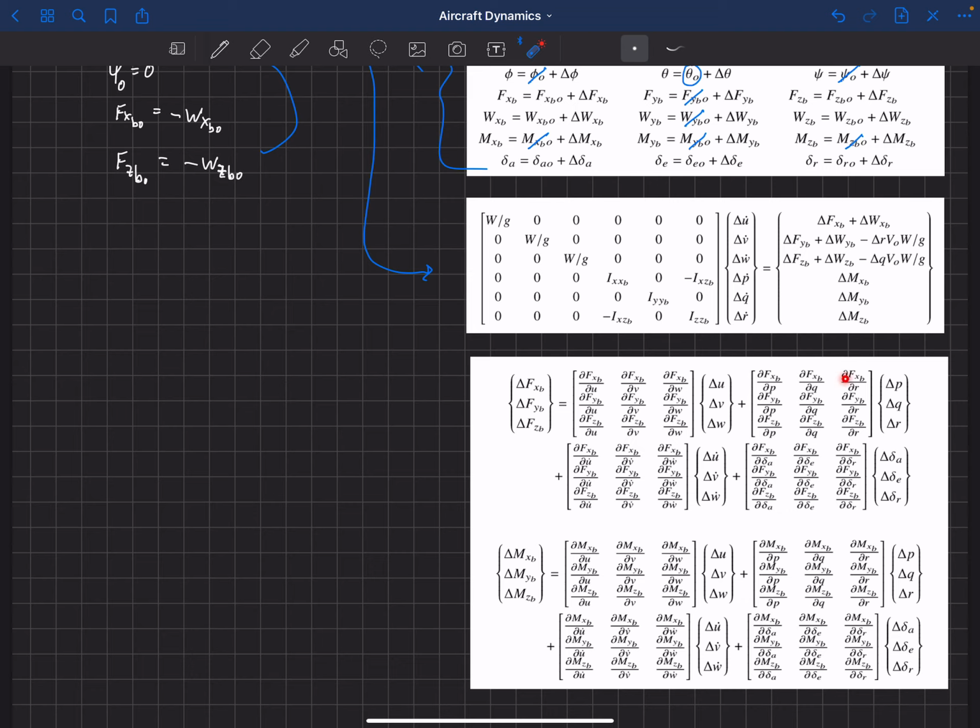And then we can do the same thing over here for p, q, and r, the same thing for u dot, v dot, w dot, and the same thing for delta A, delta E, and delta R. So that first equation there is just a Taylor series expansion where we've only retained the first term because we're neglecting the higher order terms because we're trying to linearize this whole system of equations. Okay.